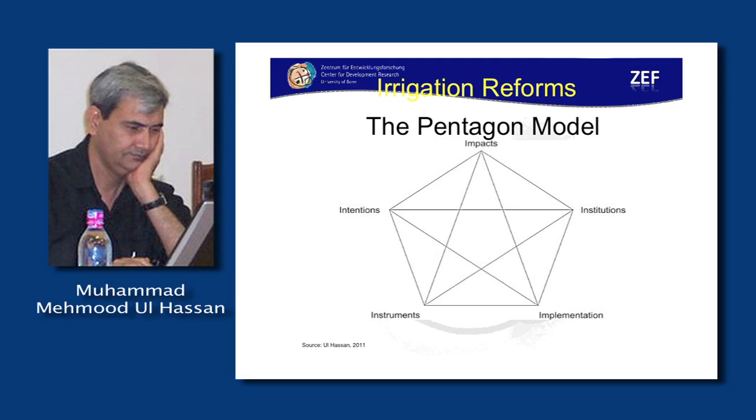What happens in most irrigation reform cases is that intentions are of two types, and it is not specific to water reforms only, it's also specific to many other reforms and policies. Governments in developing countries tend to speak the language dictated by donors. So the overt intentions would be very clear, close to what is environmentally, socially, and economically tenable, viable and desirable, but covert intentions are often different.